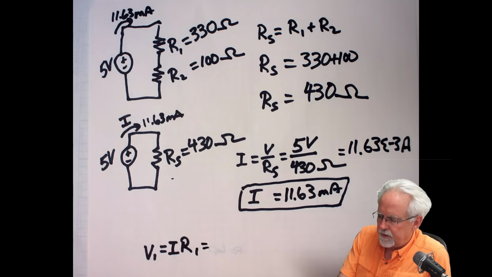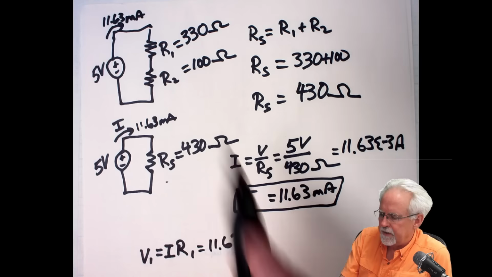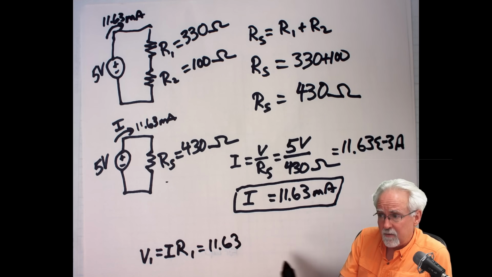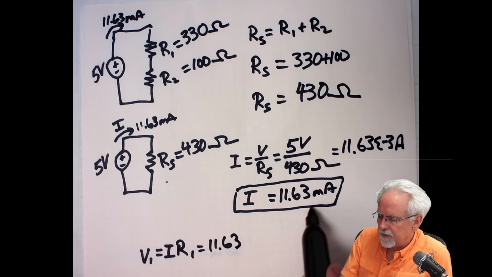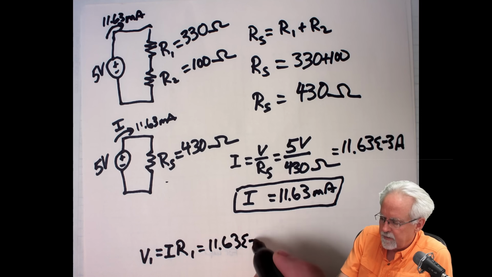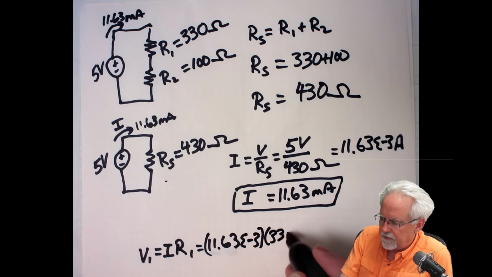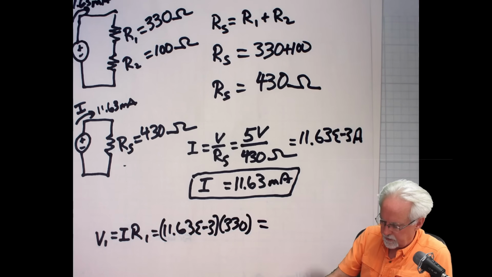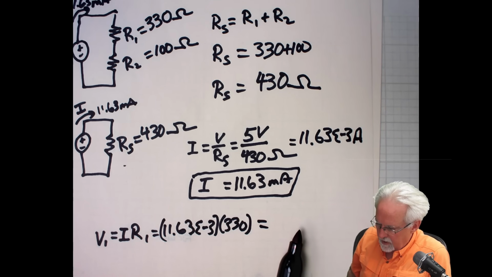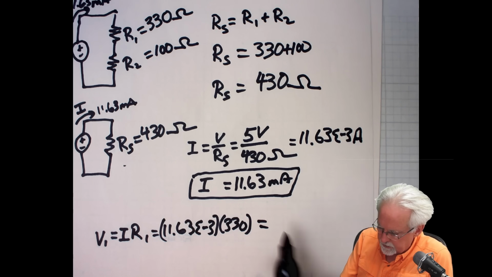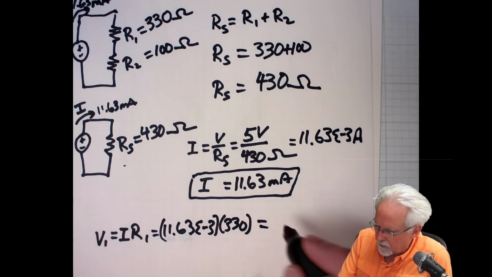Well, R1, because I want the voltage across R1, so I use R1. So this is equal to 11.63, my current. And when I do a calculation, I got to put the e to the minus 3 for milli. So e to the minus 3 times 330 ohms is equal to, I will put in the calculator, 11.63 e to the minus 3 times 330 equals 3.84 volts.